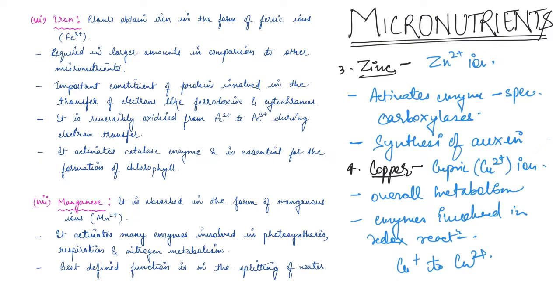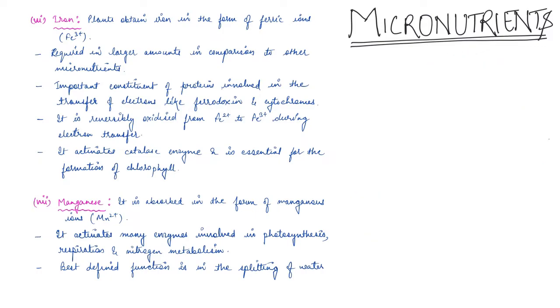Now the fifth element that we have to study is boron. Boron is absorbed as borate ions, remember this. Now what is the requirement of boron? What is its function? It is required for uptake and utilization of calcium, so it is supporting another element.